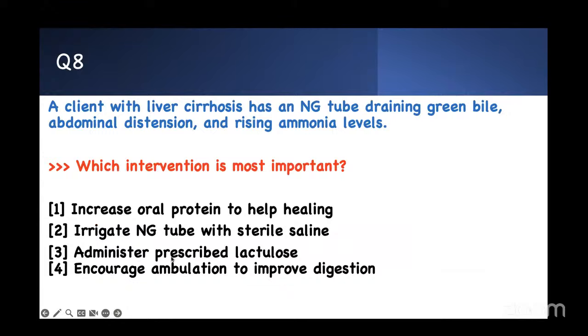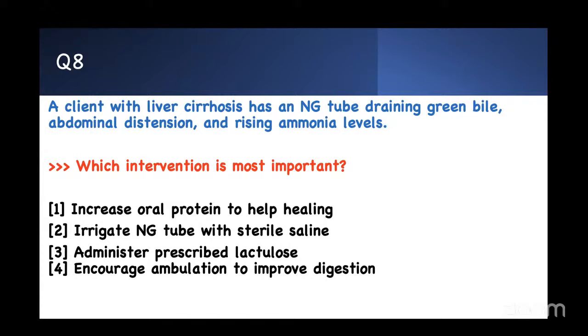This is Adapt NCLEX. If you join us, thank you for joining us. What are we working on? Critical thinking using nursing process. A client with liver cirrhosis has an NG tube draining green bile, abdominal distension, and a rising ammonia level. Which intervention is the most important? This is the case. He has cirrhosis, he has obstruction, and he has rising ammonia.